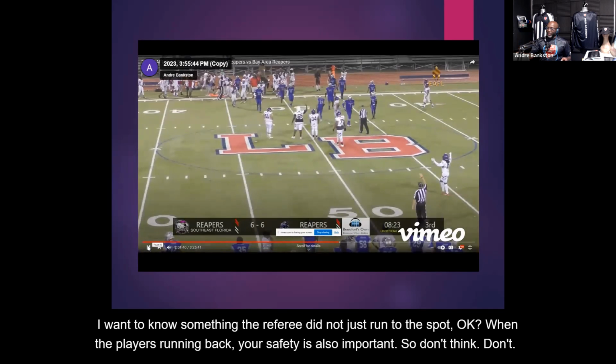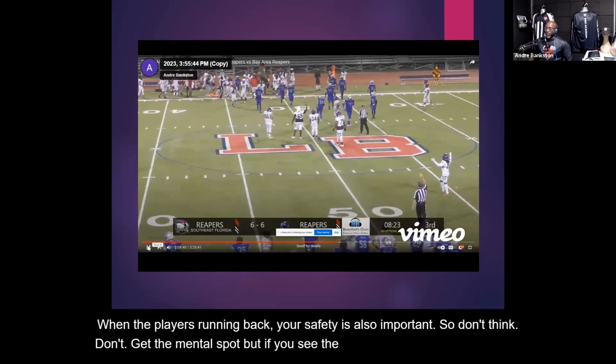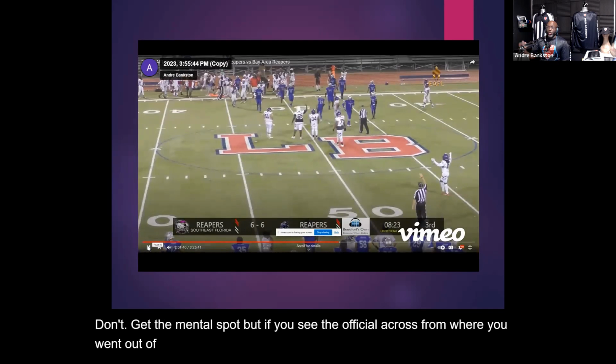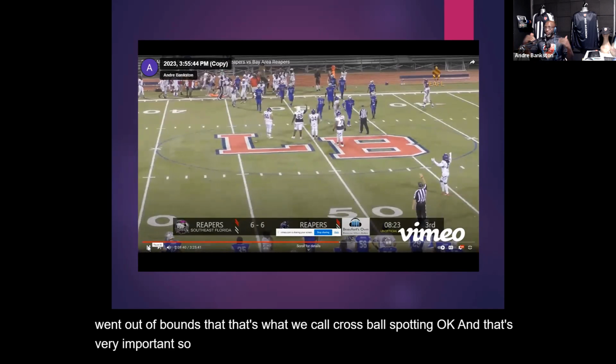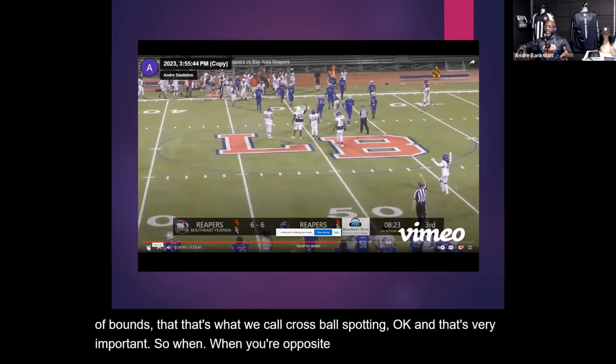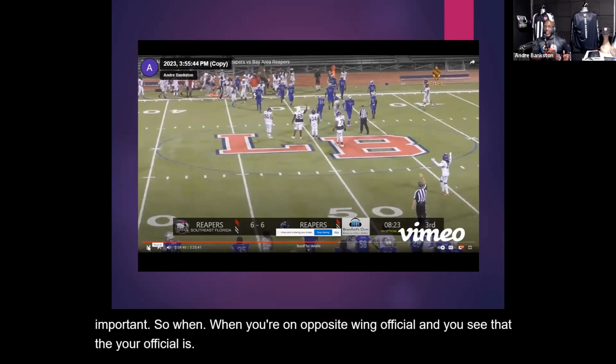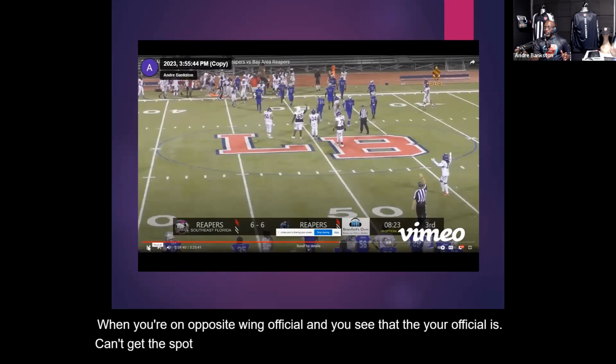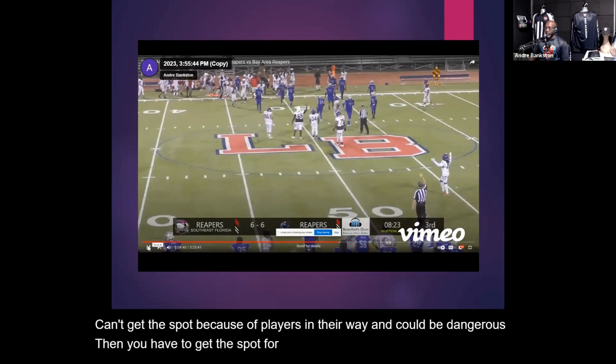get the mental spot. But if you see the official across from where he went out of bounds, that's what we call cross field spotting. That's very important. So when you're the opposite wing official and you see that your wing official can't get the spot because of players in the way and it could be dangerous, then you have to get the spot for your wing official.